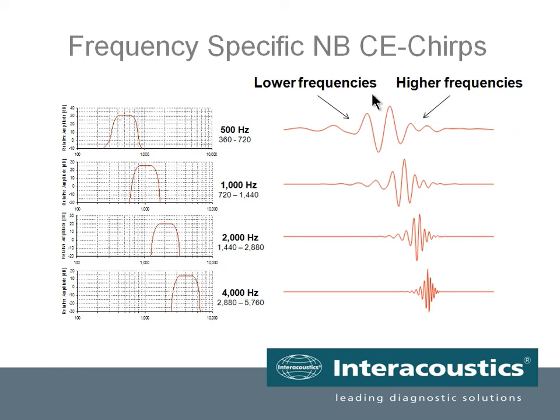So within the band of stimulation, we do synchronize all the associated nerve fibers. The same is true for the 1 kHz narrowband CE-Chirp stimulus. Spectrum-wise, it looks like this. It stimulates this part of the basilar membrane, and this is how it looks in the time domain. And for 2K and 4K.